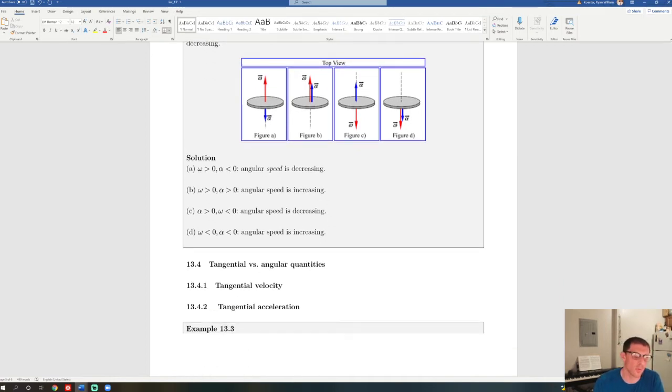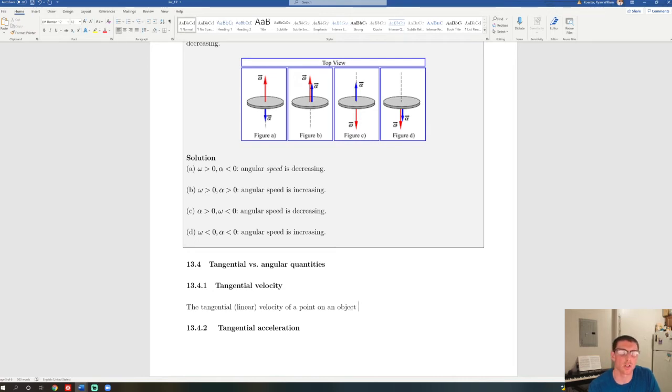Okay, so what we want to do next is relate the tangential velocity of an object, so this is basically a linear velocity, to the angular velocity. And this is done with a cross product, right?